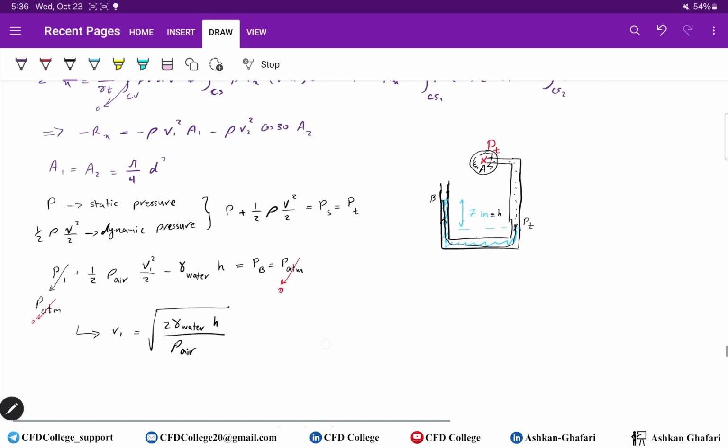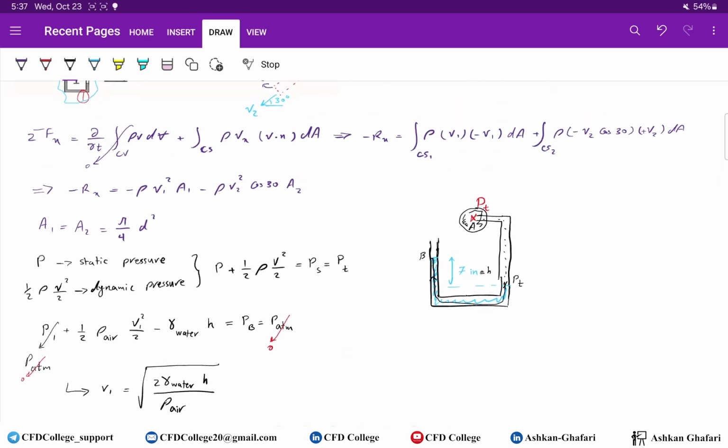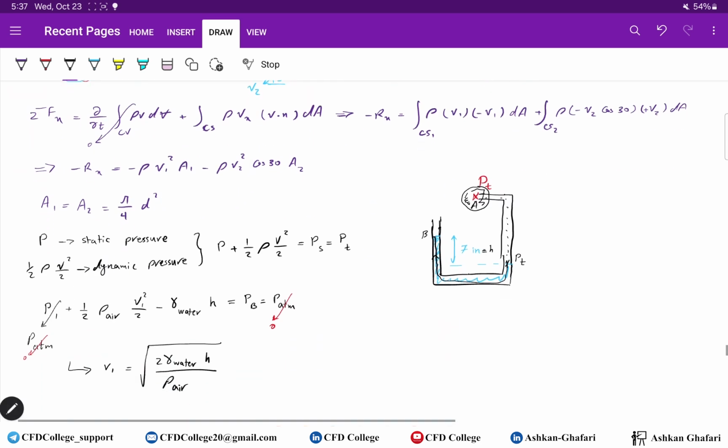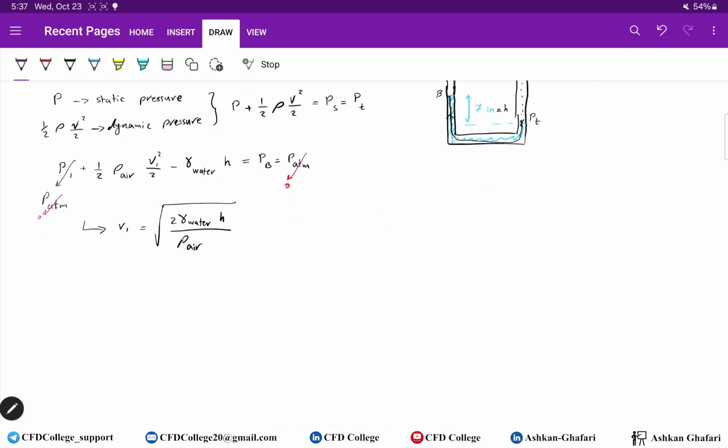Now we have V1, and since we know that V1 equals V2, why? Because we have conservation of mass, so m dot 1 equals m dot 2, or since density of air is constant, Q1 equals Q2.